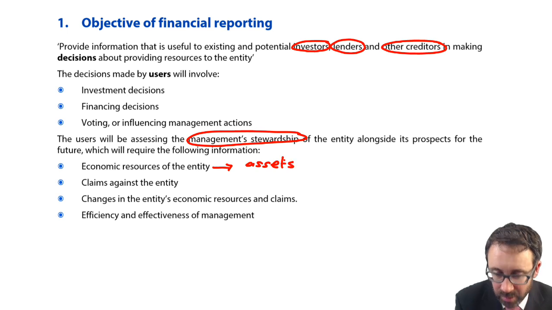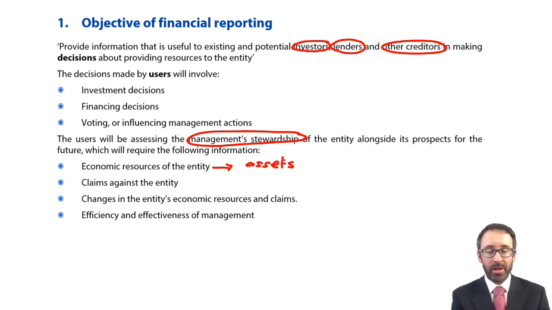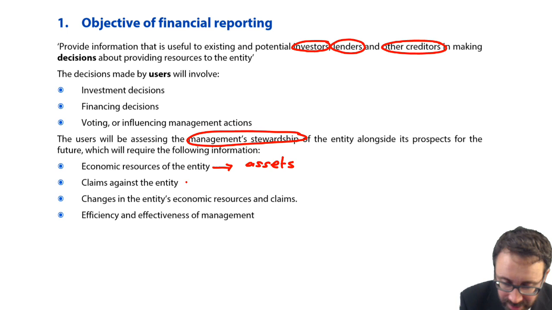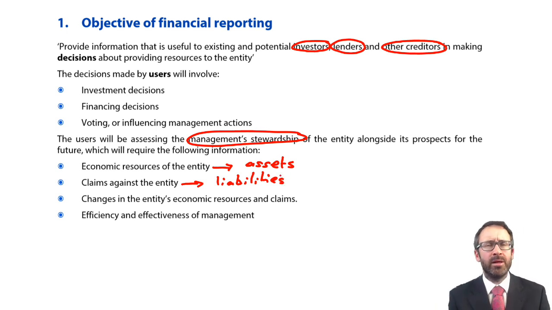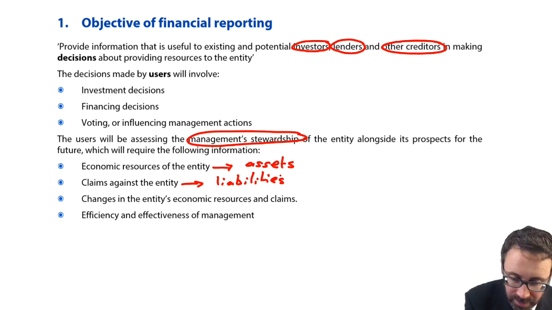That's basically looking at your assets. Then the claims against the entity, so we're looking at your liabilities, and technically you could say your equity as well, because that's the claim that the shareholders have. Then the changes in the entity's economic resources and claims.